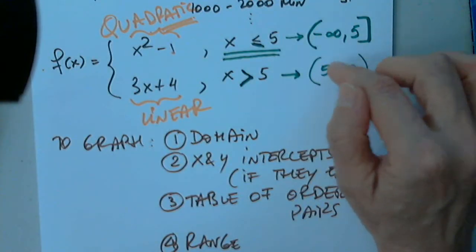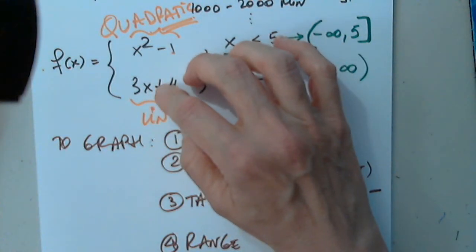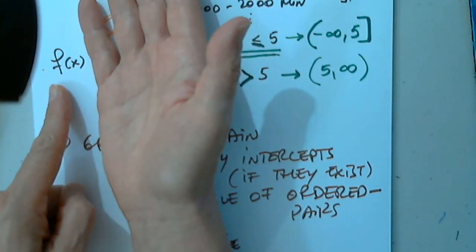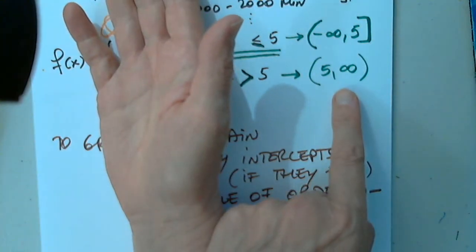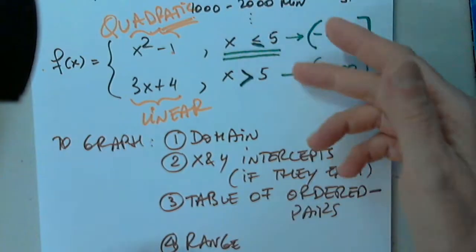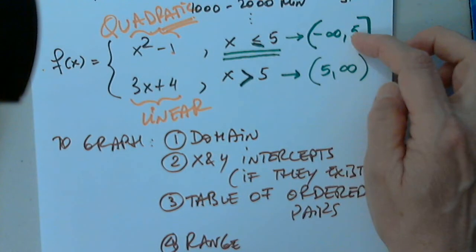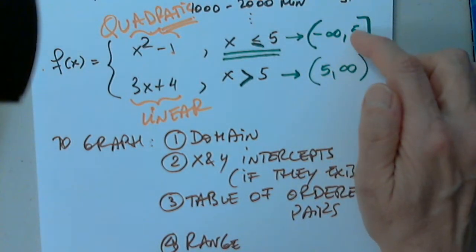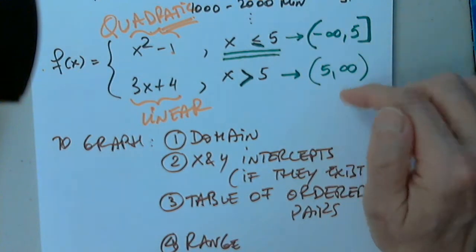This piece is for this function. But I don't care. What is the domain of this function? Negative infinity to infinity. Exactly. Nothing is missing. This one stops at 5. 5 is there. This one doesn't have 5, but I don't care. 5 is in here, right?